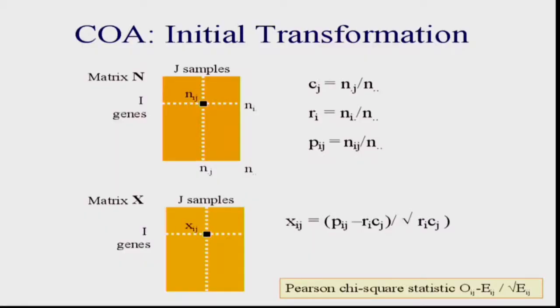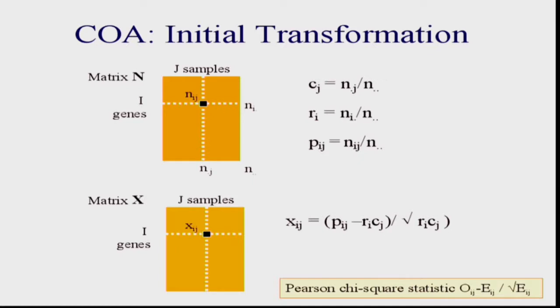What you're doing here, if you have a sample Nij again in our matrix of I genes and J samples, is you're scaling Nij to be Xij, and for Xij you take away the expected value from the observed value. This is our column weight, this is our row weight, and this is the weight of the sample, its contribution to the matrix.